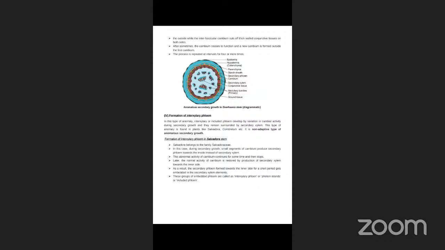Bignonia is a common garden climber of the family Bignoniaceae. The young Bignonia stem in transverse section shows different outlines: epidermis, cortex, endodermis, pericycle, vascular bundles.